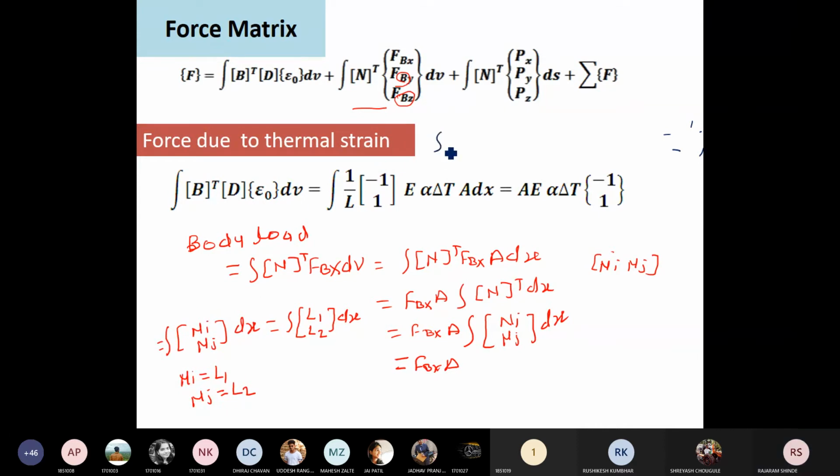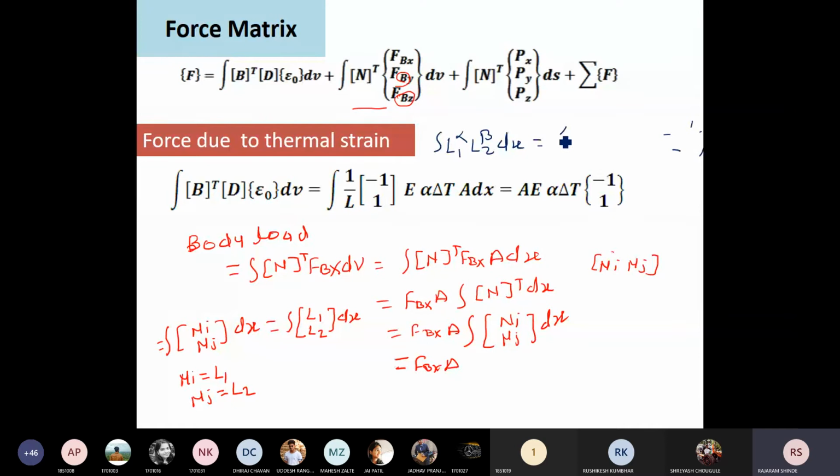This one, integration of L1 raised to alpha, L2 raised to beta, dx.